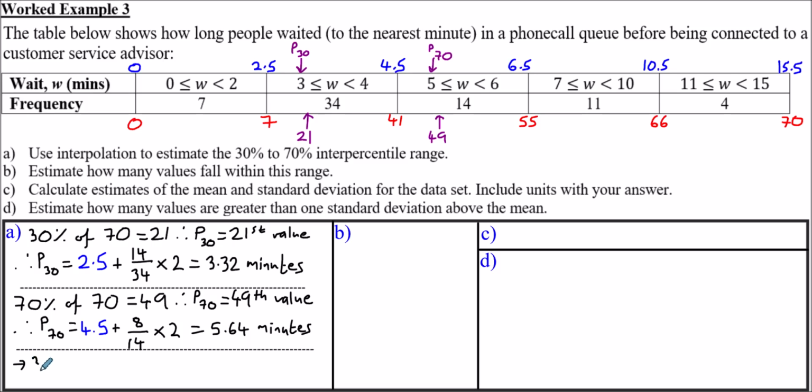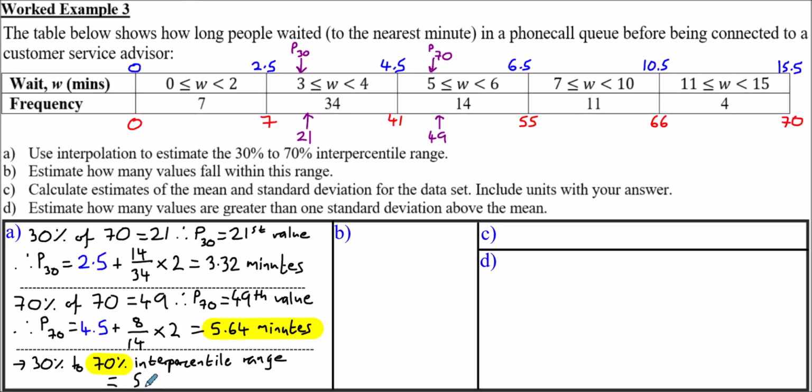So the 30% to 70% interpercentile range is very much like the interquartile range. The interquartile range is the upper quartile minus the lower quartile. Here we just do the bigger percentile, the 70th, minus the lower percentile, the 30th. So the 70th percentile we had was 5.64.